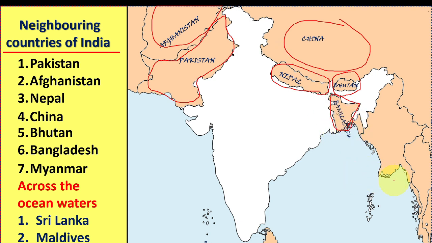And seventh and last one is Myanmar, earlier known as Burma. Across ocean water we have 2 neighbors: one is Sri Lanka, the other one is Maldives. So these are the neighboring countries of India.